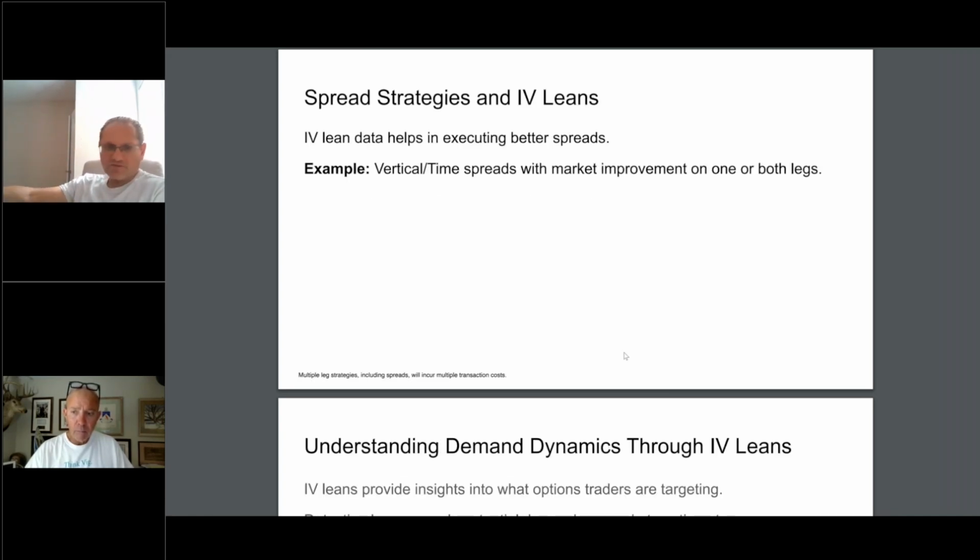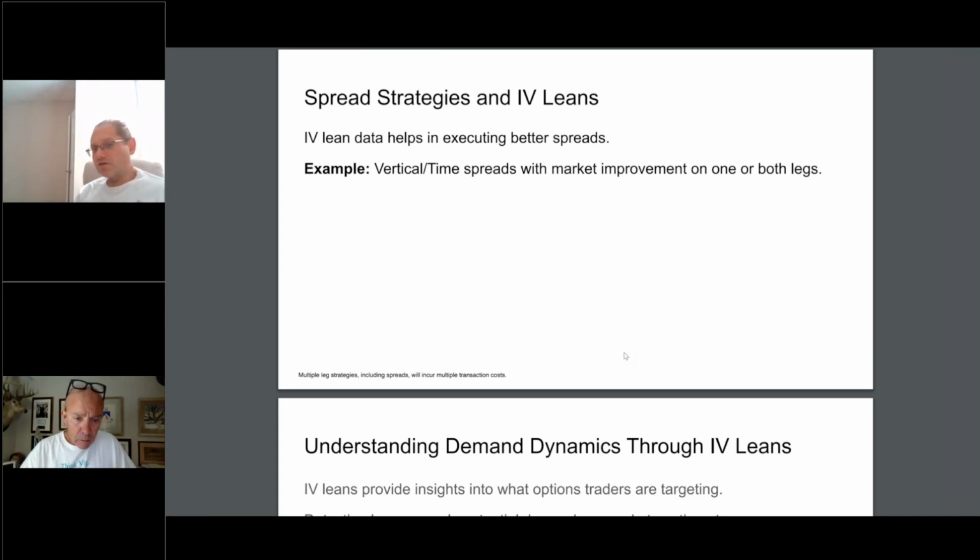Another benefit is spread trading. Maybe you're not interested necessarily in buying or selling a single option, but you may be looking for a spread that may line up, because you have two different options. Let's say a vertical spread where there's a lean on the ask on one of the options, and then you find another option where there's a lean on the bid.